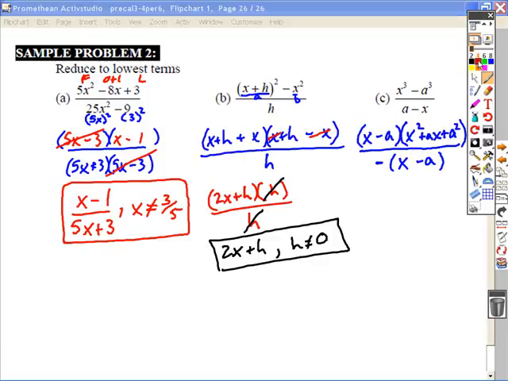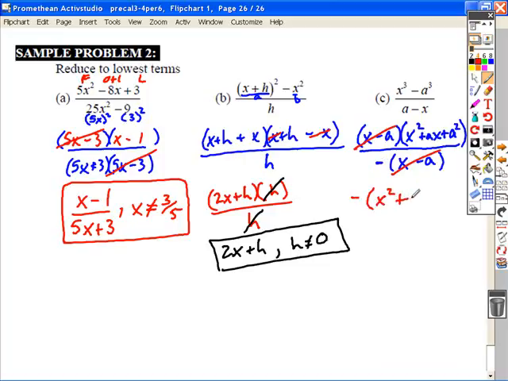And now we can look to cancel. The x minus a's cancel. So you're left with, and anytime you have a negative 1, you can either leave it as factors, so you could write your answer in this form, or you could distribute your negative through, and you get negative x squared minus ax minus a squared. I don't care. Either of these forms is fine.